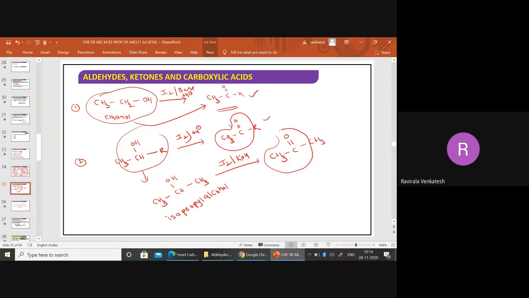A methyl keto group. So whatever it may be, R, if you have anything here, I have taken R plus CH3. In the place of R, I have taken CH3. You can take CH2CH3 also. So two exceptions I have taken: one is ethanol, the other is isopropyl alcohol. These also will give the iodoform test.